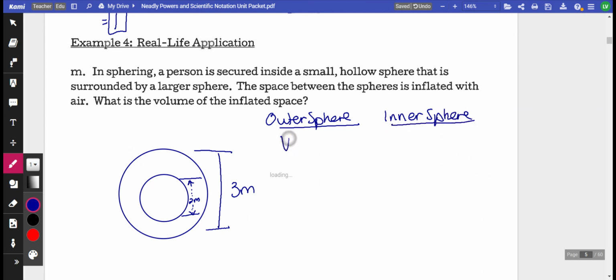The outer sphere, volume equals 4/3 pi r cubed. And we're going to use that same equation for the volume of the inner sphere. So going back to the outer sphere, we know that our radius is going to be 3 divided by 2.